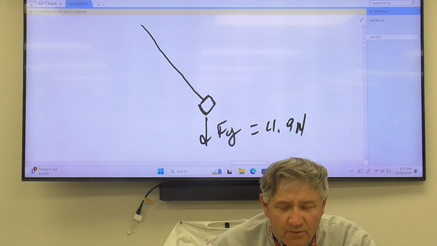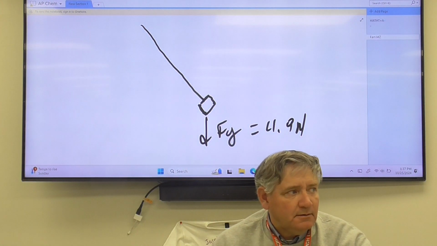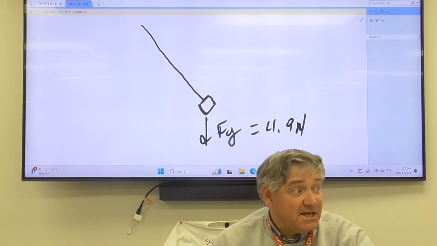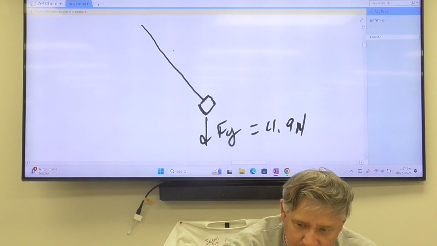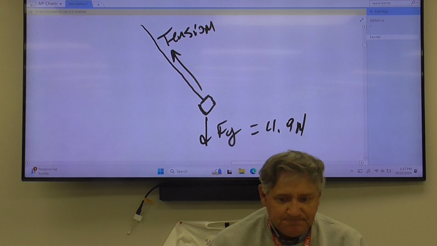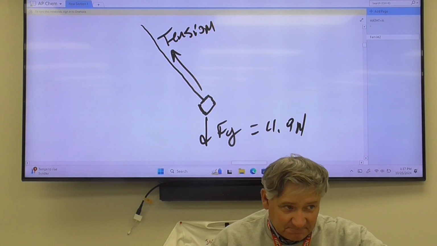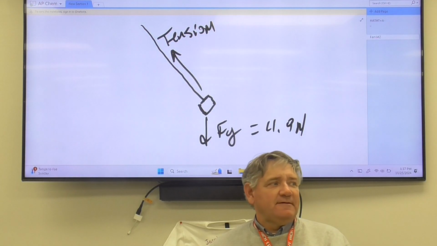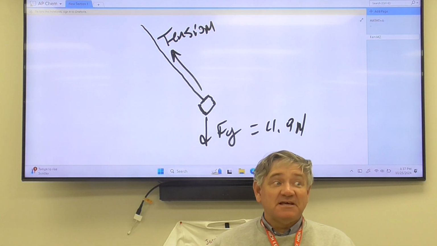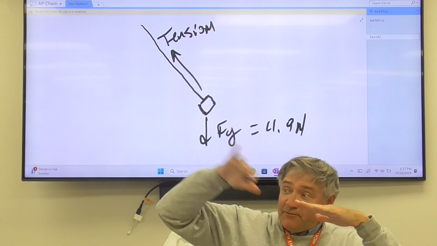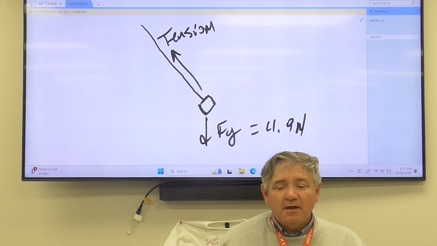What's the only other force acting on that ball? Tension. Now, is centripetal force going to be a component of that tension? Yes. Just like the hanging sign ladder. Okay? So, the tension is the overall component, right?